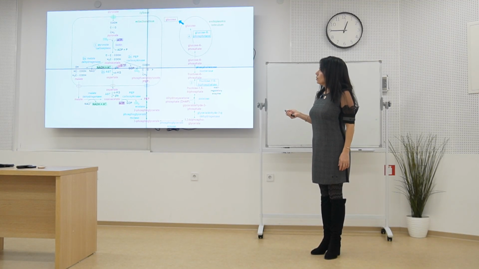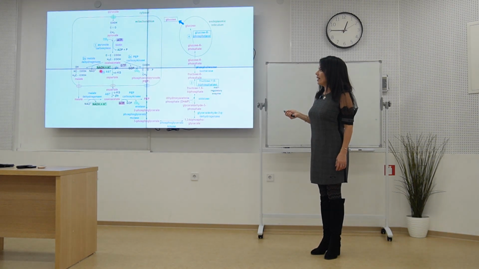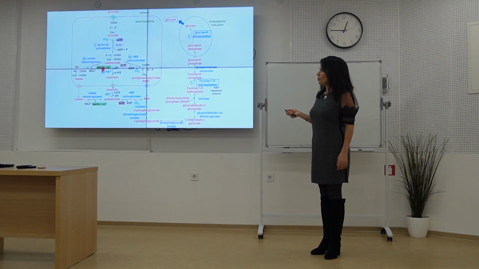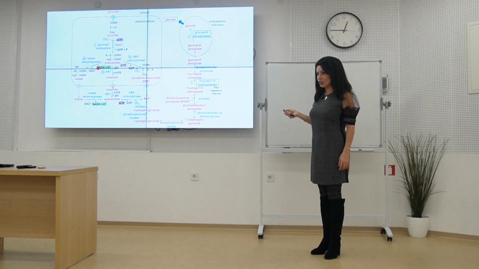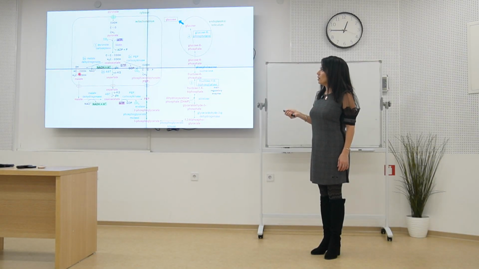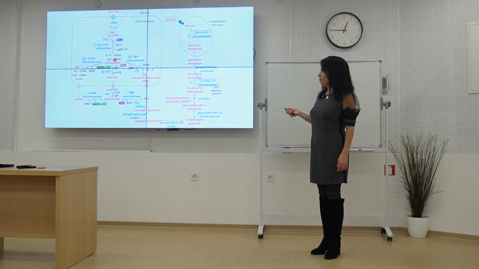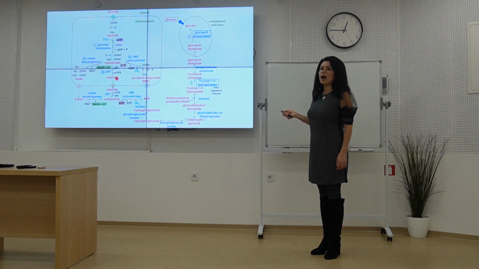After that, the product oxaloacetate has three possibilities. Number one, by malate dehydrogenase with NADH as cofactor, it undergoes reduction, and oxaloacetate is converted to malate. Malate goes out. Second possibility, oxaloacetate to aspartate.